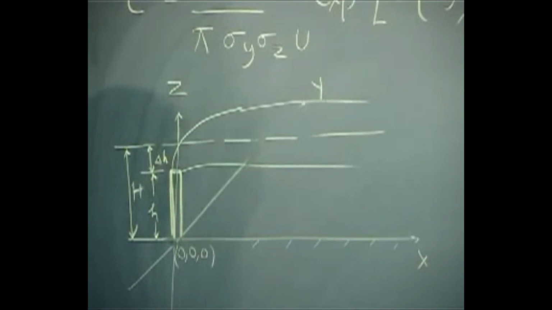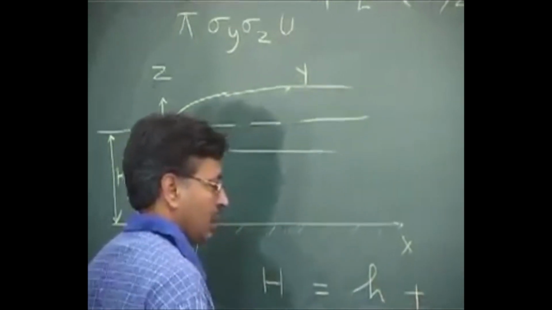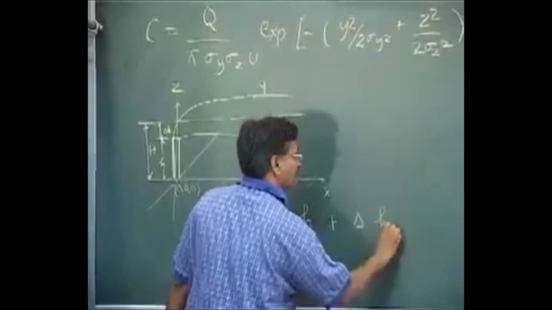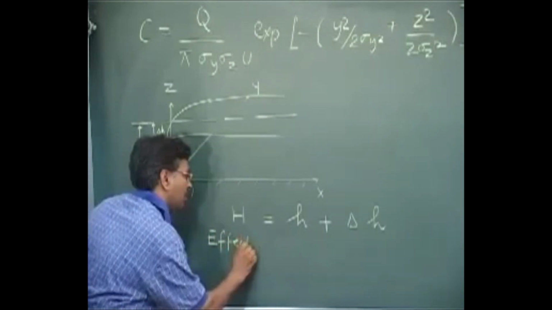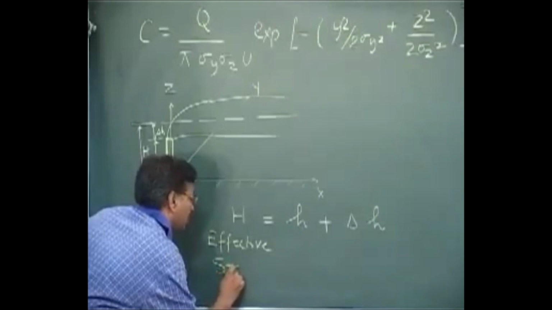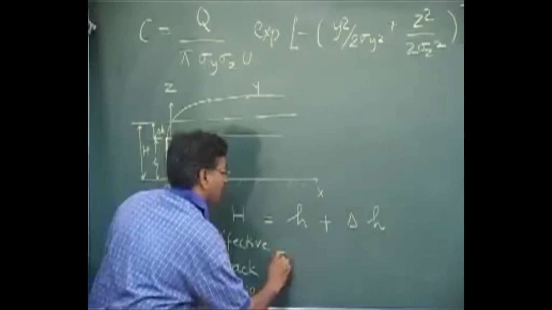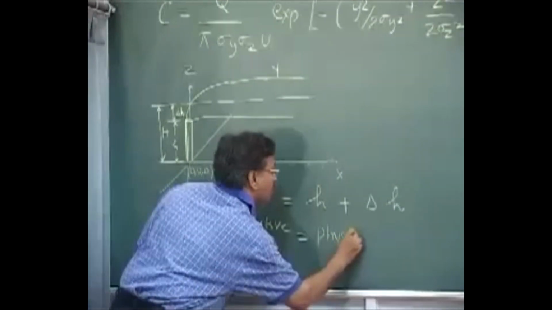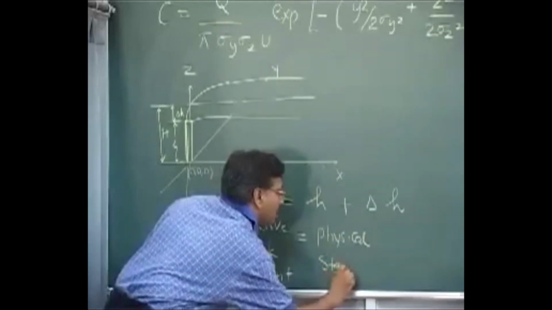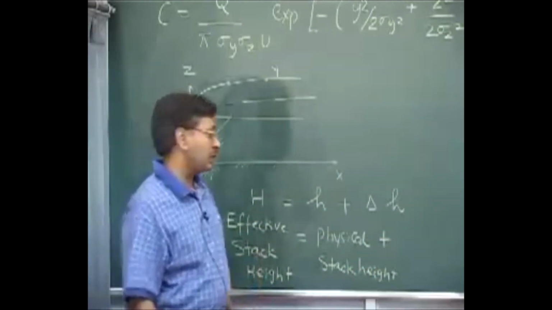Let me write this in words. H is nothing but small h plus delta H. This is what we call the effective stack height, where small h is the physical stack height, and delta H is what we call the plume rise.